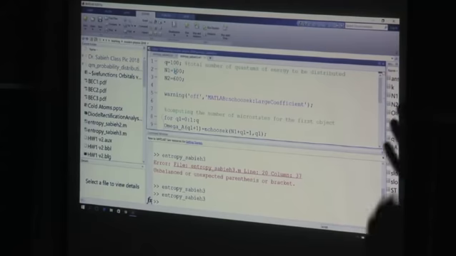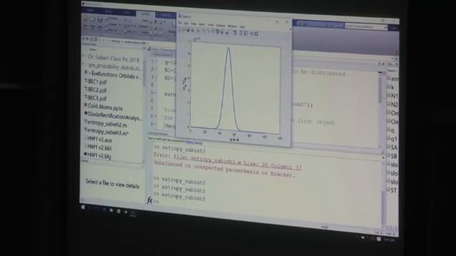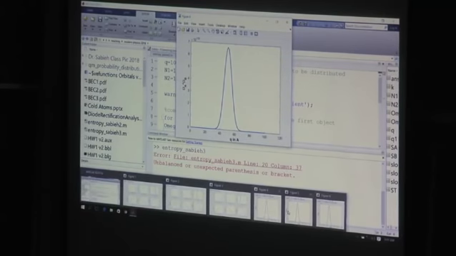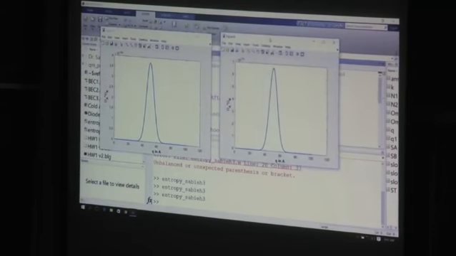So 1200. So this number has gone exorbitantly high, 10 to the power 179.